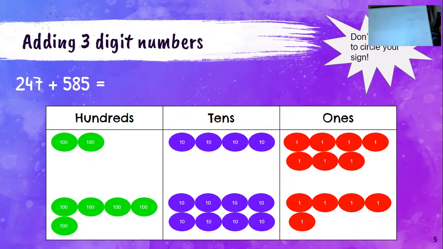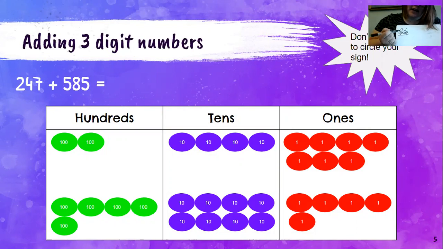So I'm going to make my screen come down here, and I'm going to write 247 plus 585 equals. And I can't forget to what? Right, circle my sign. I'm adding.